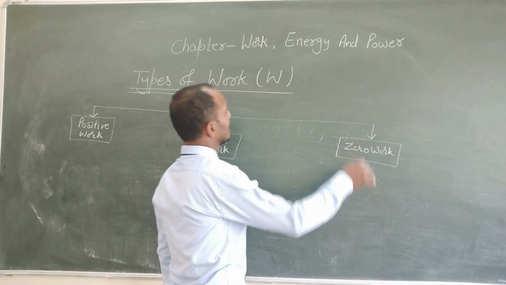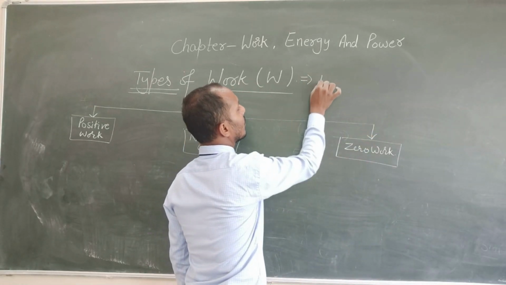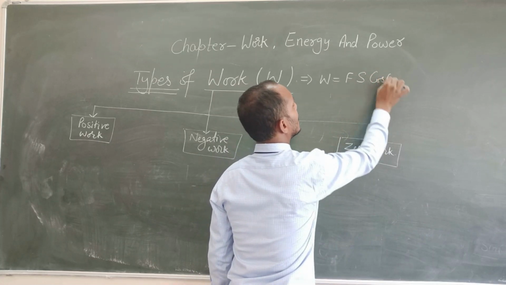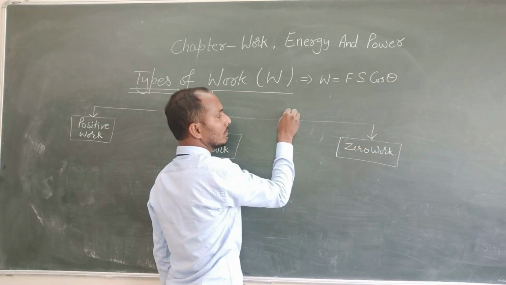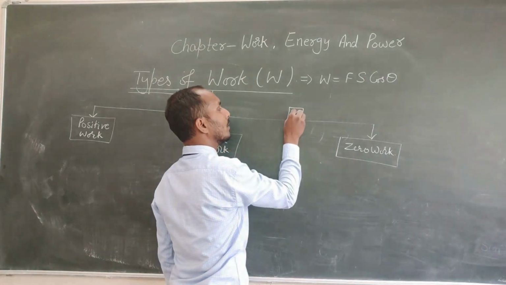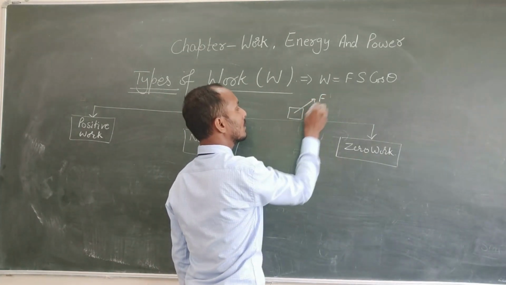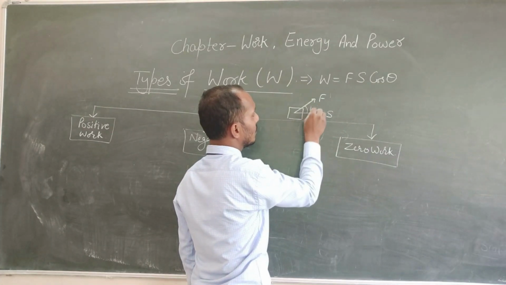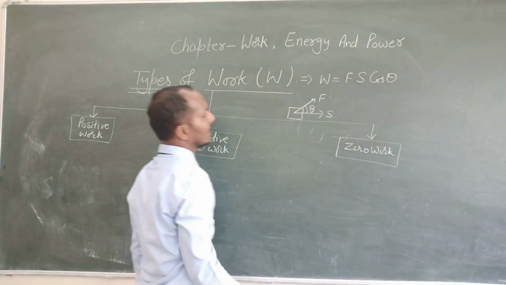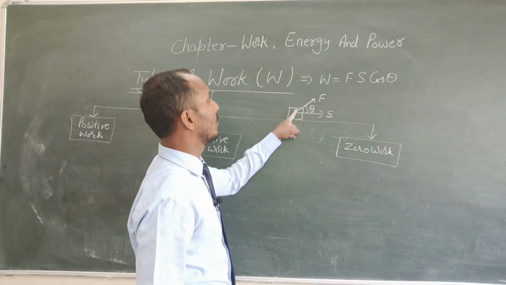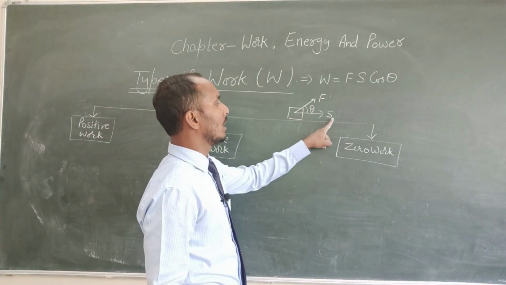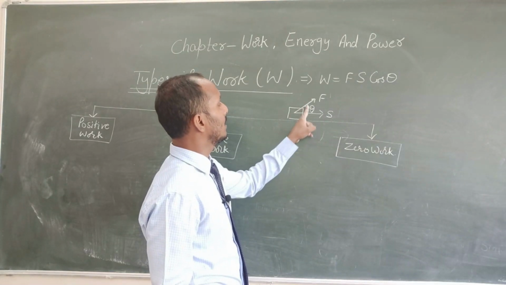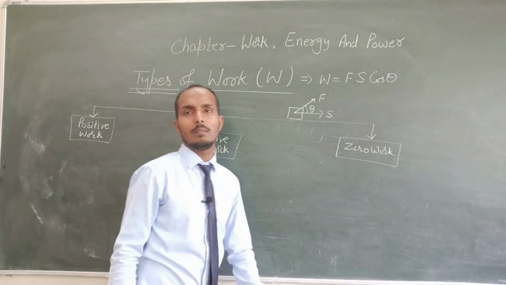As we know, the formula of work is Fs cos theta. Work is said to be done when a force is applied on a body and the body shows some displacement, and theta is the angle between them.